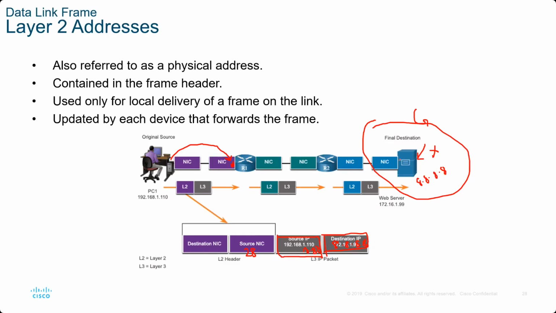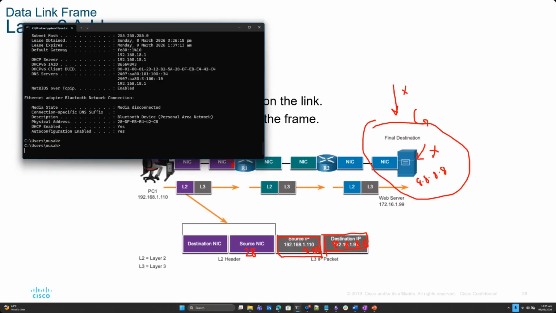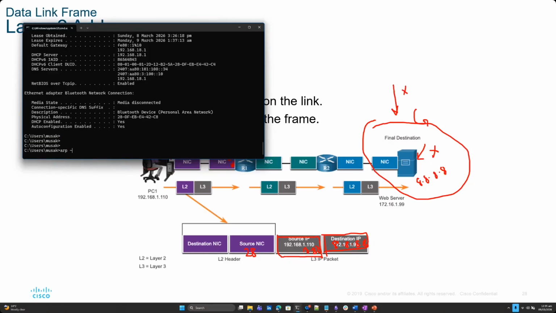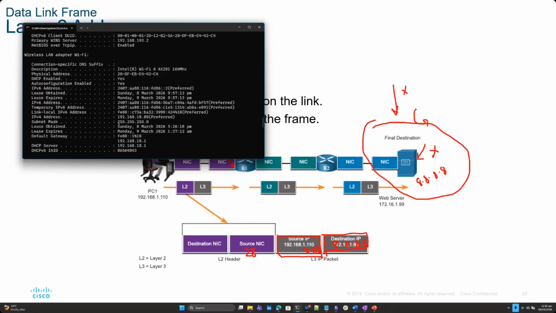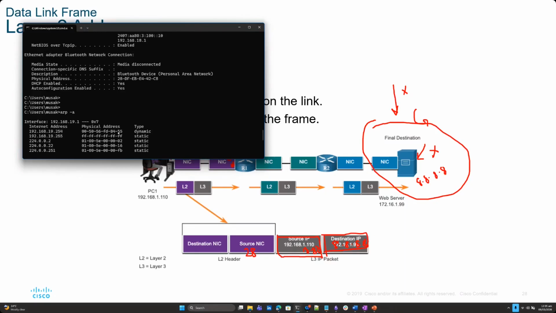It doesn't care whether your packet reaches there or not. It just needs to get you from this point to this point, and that's it. So what my computer would do is, using ARP, find out who the default gateway is. Let's say my default gateway is 192.168.18.1. We will go through this process in detail later on.